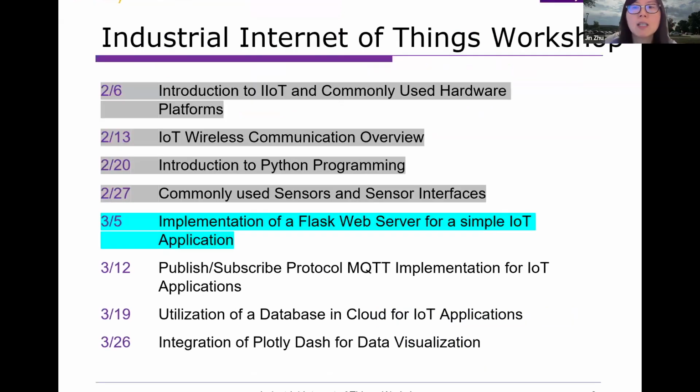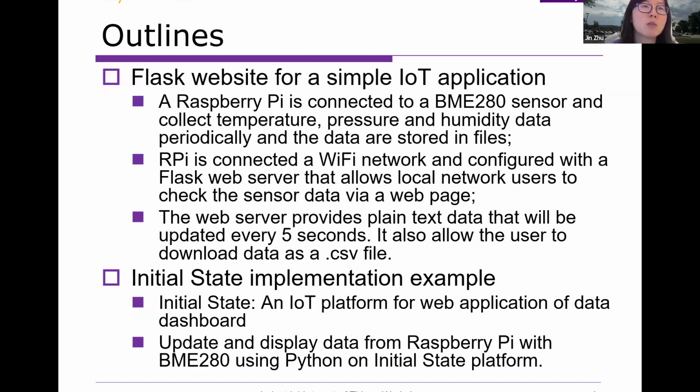Today is the fifth week of the workshop, and we will go over our first project. Let's look at the outline. Today we're going to have two parts. In the first part, we will set up a Flask web server to show the data obtained from a BME 280 sensor via a web page.